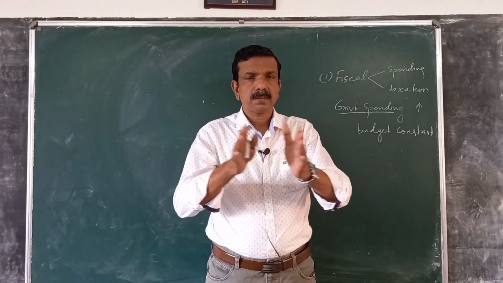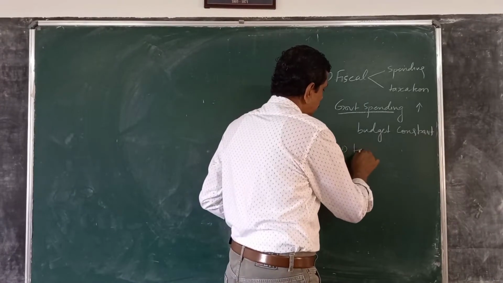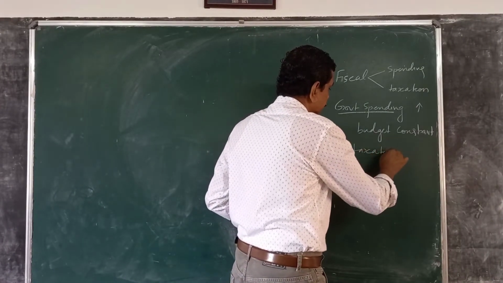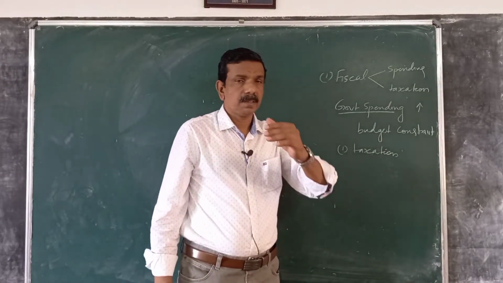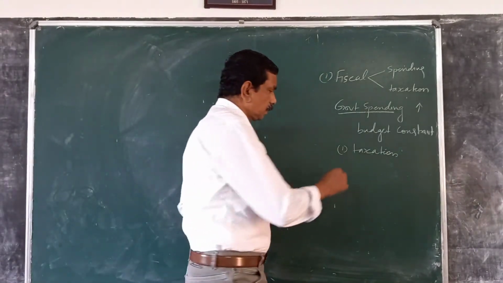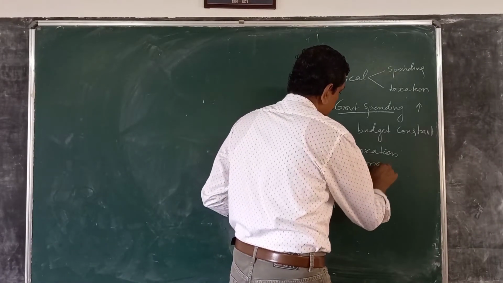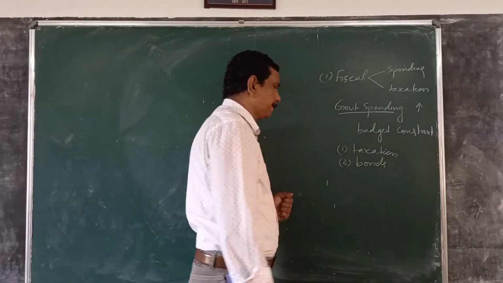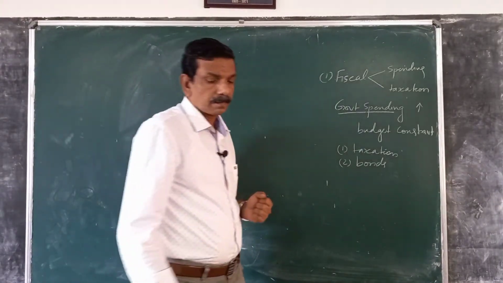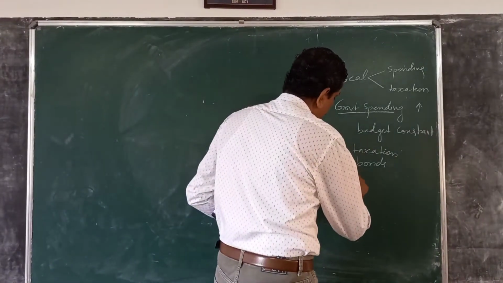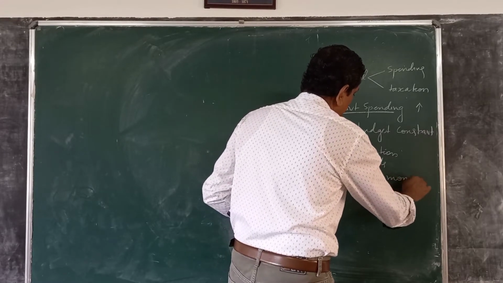Now, government has three sources of finance. One is taxation: government can finance increased government spending by taxation. The second is that government can sell bonds to the public. A third one is that government can create new money by printing currency.